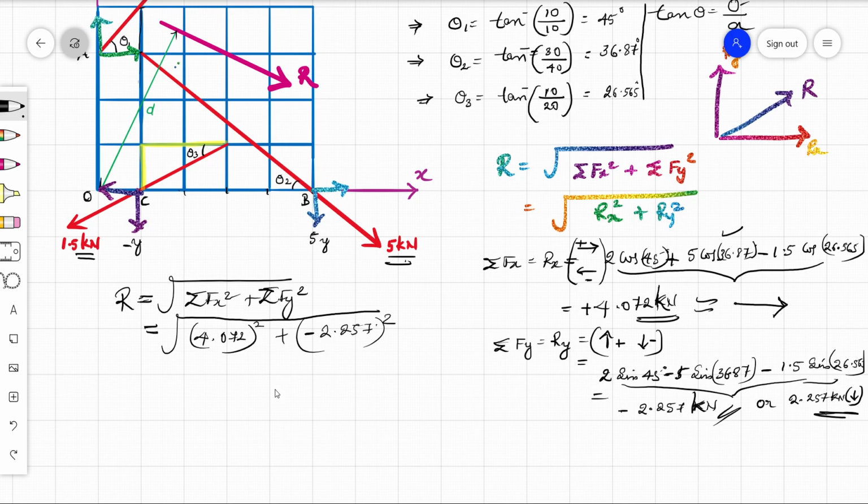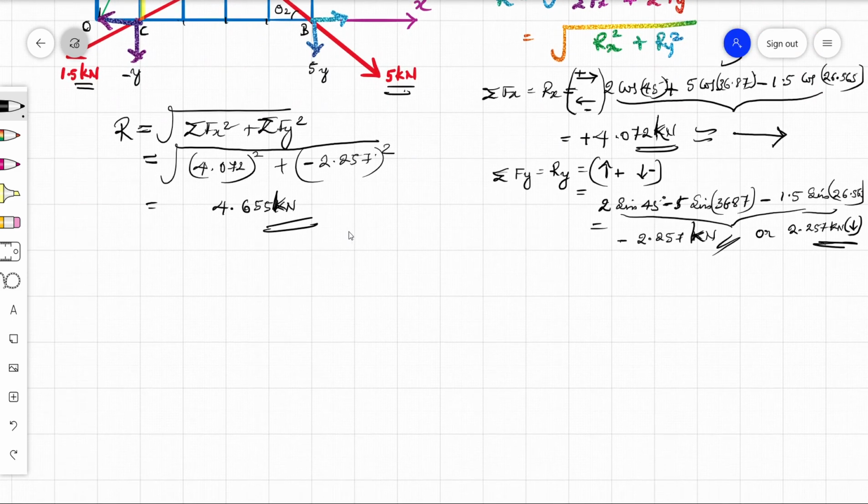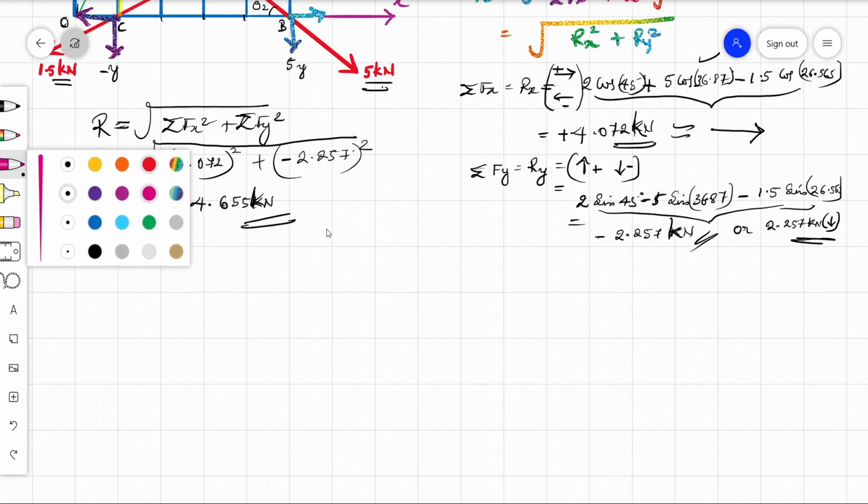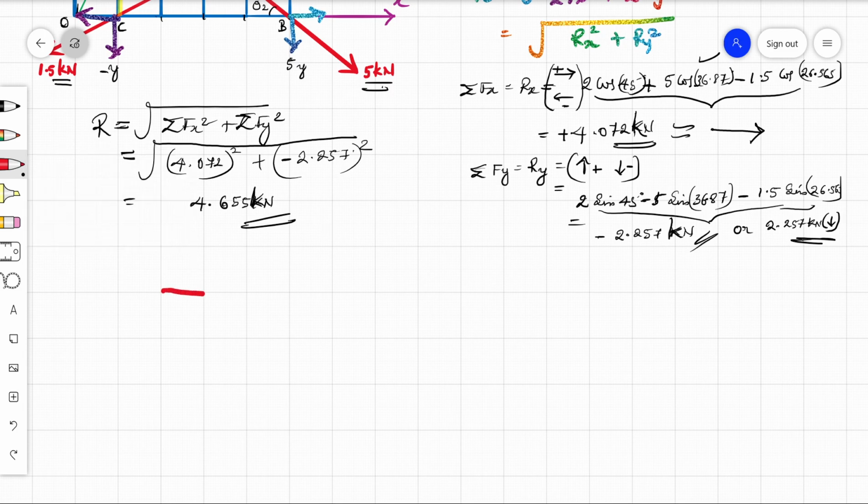Again, if I calculate this, I get a value of 4.655 kilonewton, where k is again small k. So I got to know the resultant, and I know Fx and Fy. Let me draw a general drawing. My summation of Fx is going from left to right.